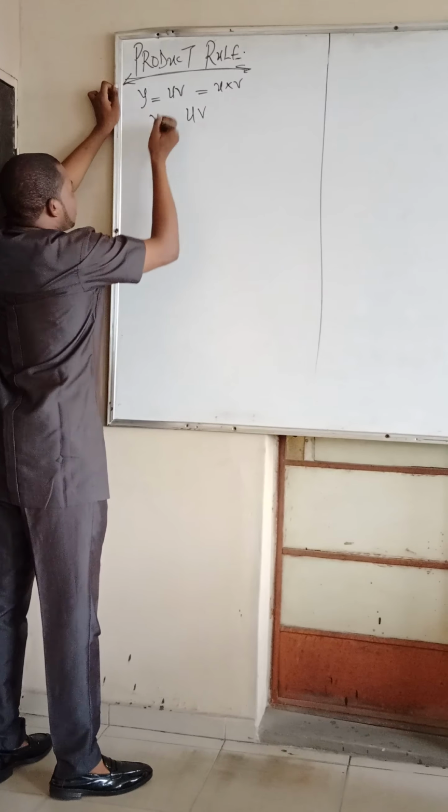So at the end of the day, I have y plus change in y giving me u plus change in u times v plus change in v. U times v will give me uv. U times change in v will give me u change in v. Change in u times v will give me v change in u.